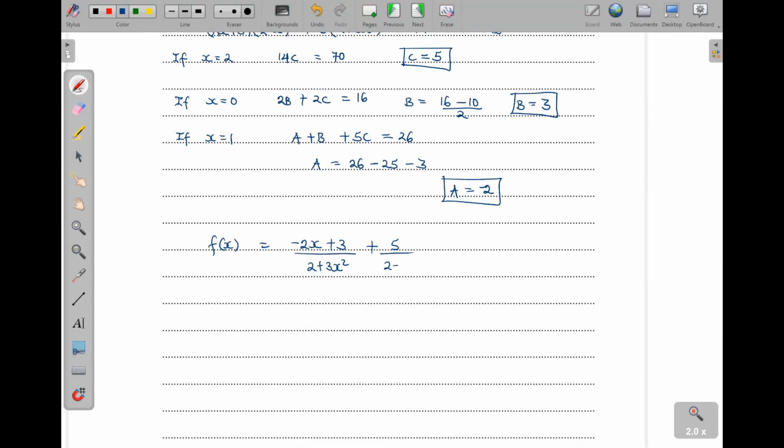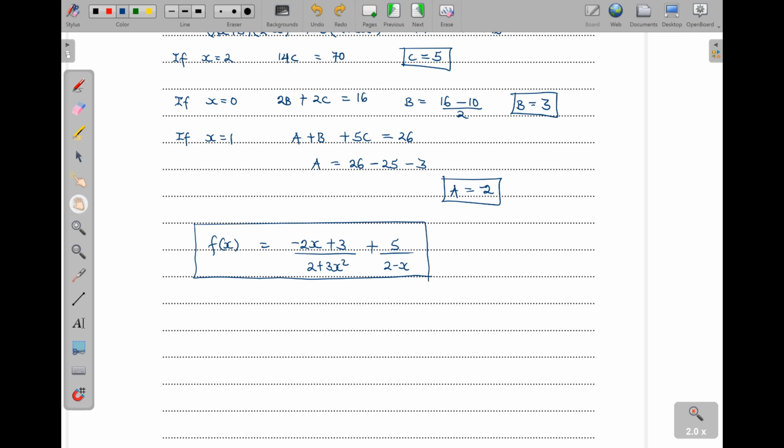By the way, they can give you a quadratic in the denominator, but that quadratic is factorizable. So we use this ax plus b when the quadratic in the denominator is not factorizable. Okay, so that is that.